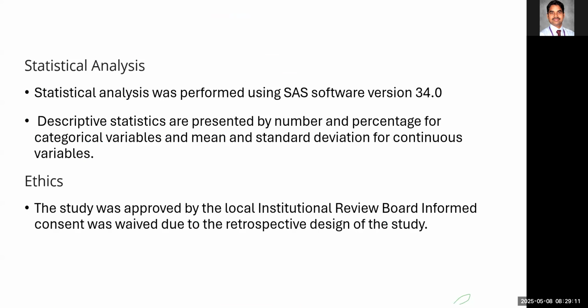Yeah, nothing much to discuss on statistics because this is proportions and this is our means.